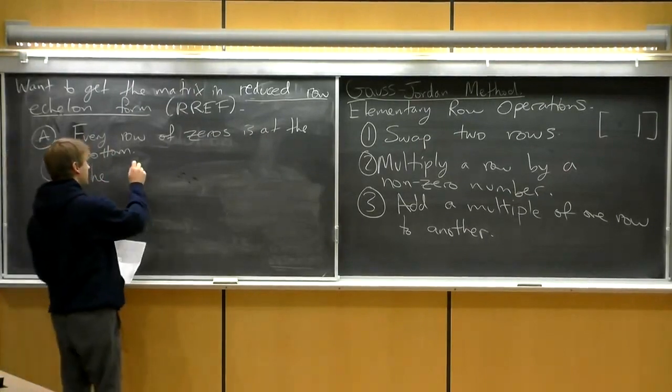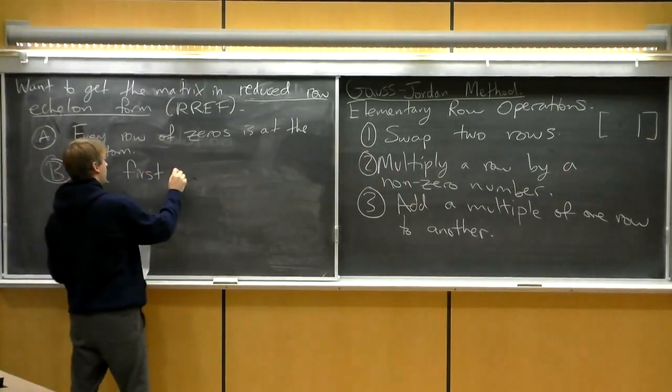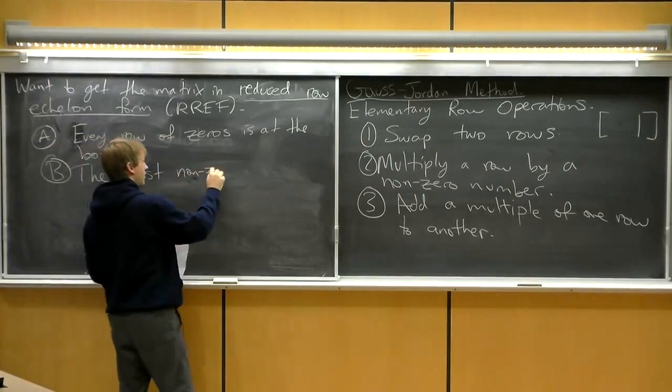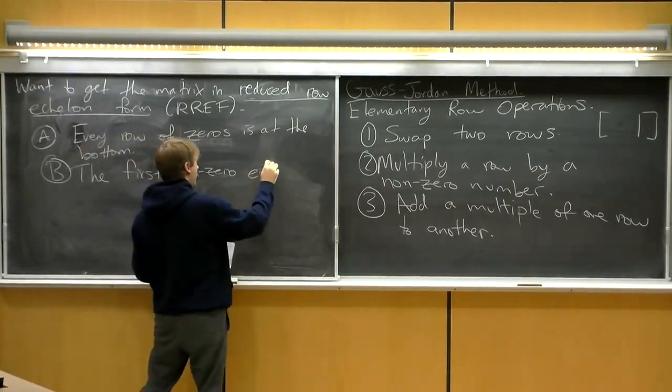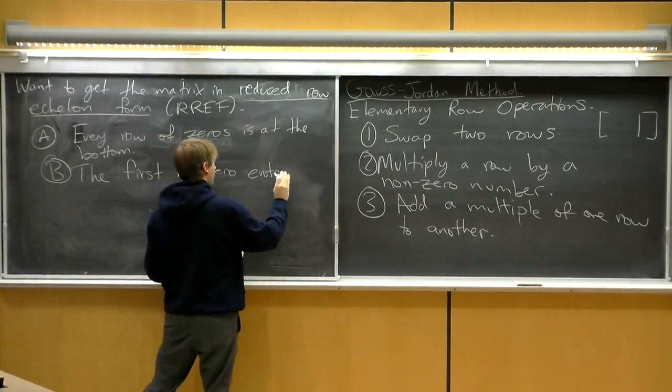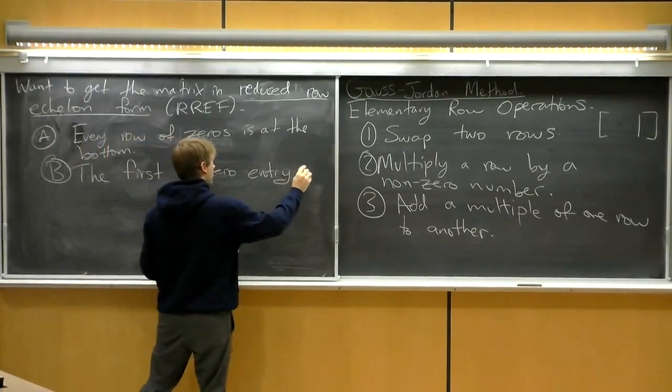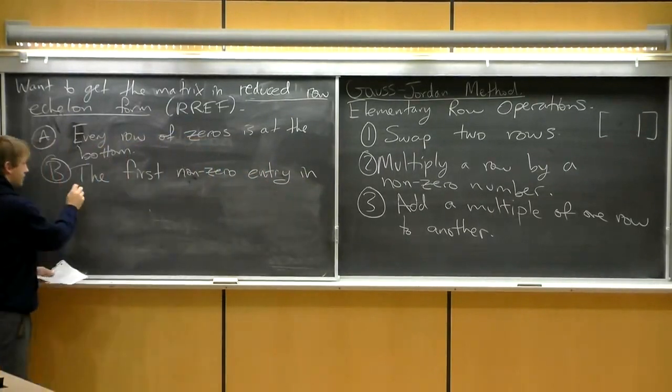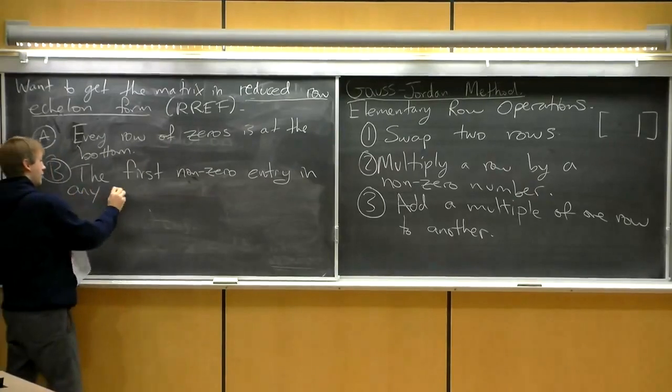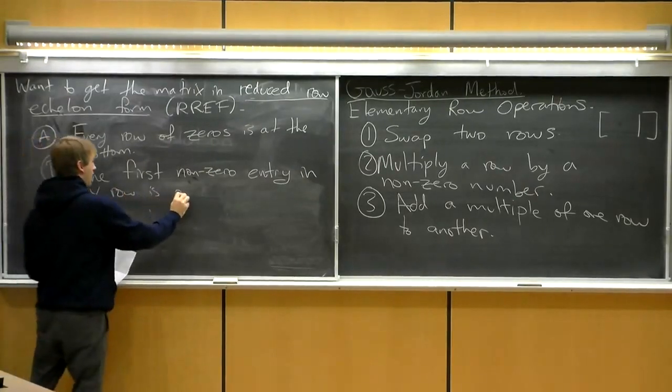So the first non-zero entry in any row is a 1.